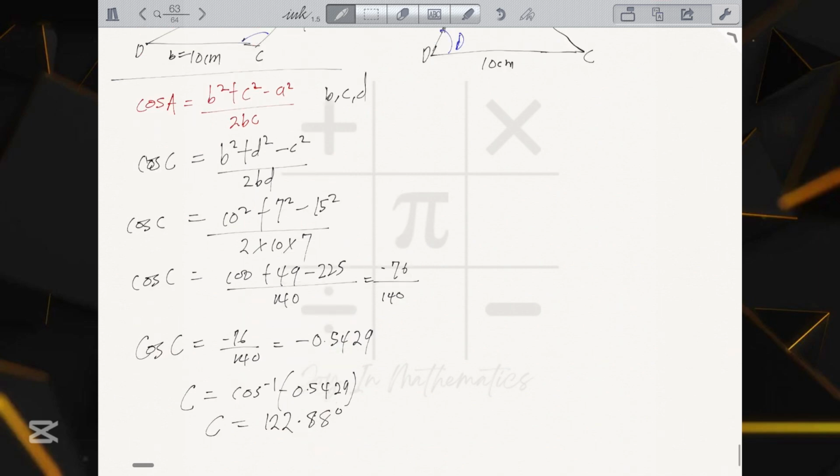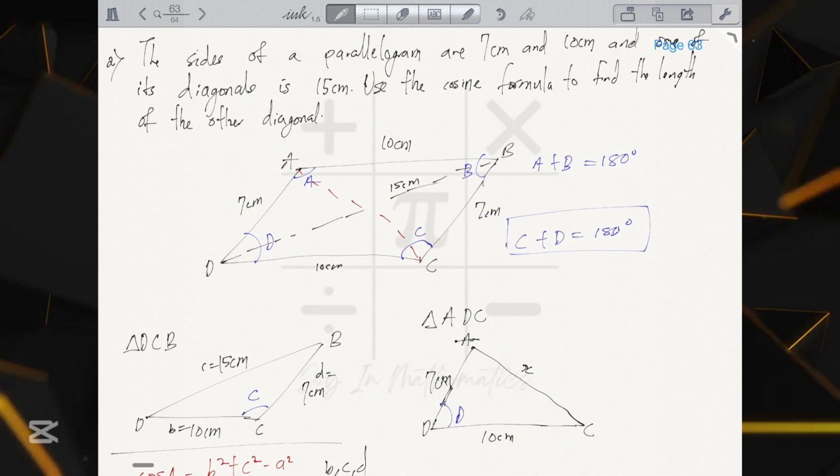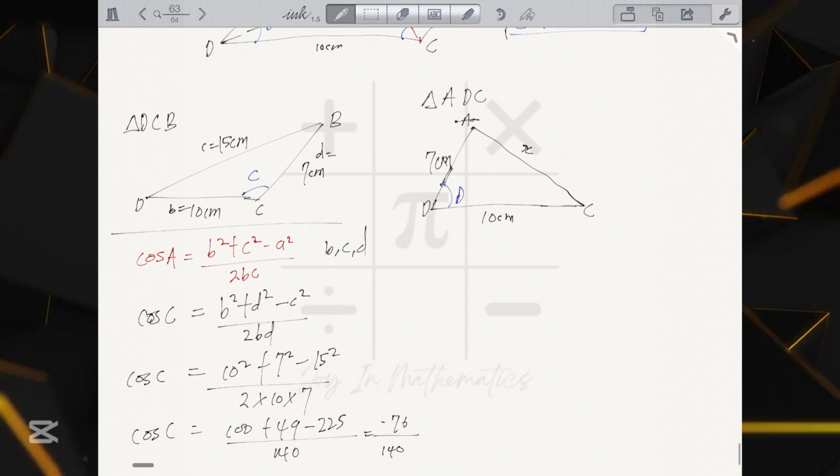Now we recall what we said earlier on, that the adjacent sides of a parallelogram are supplementary in nature. That means it's equal to 180 degrees. So C plus D is equal to 180 degrees.